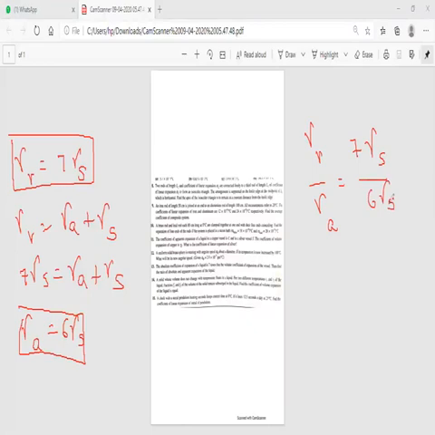Here gamma s and gamma s will get cancelled, and finally the value you will have is only 7 by 6. So finally the ratio of absolute expansion to apparent expansion is 7 by 6. So this is the solution for question number 13. And now next one, 14th question.